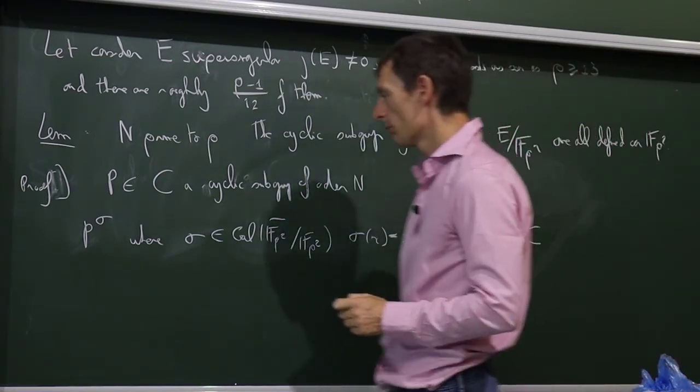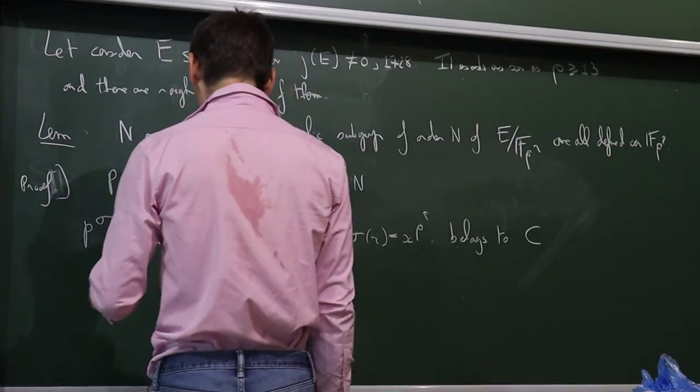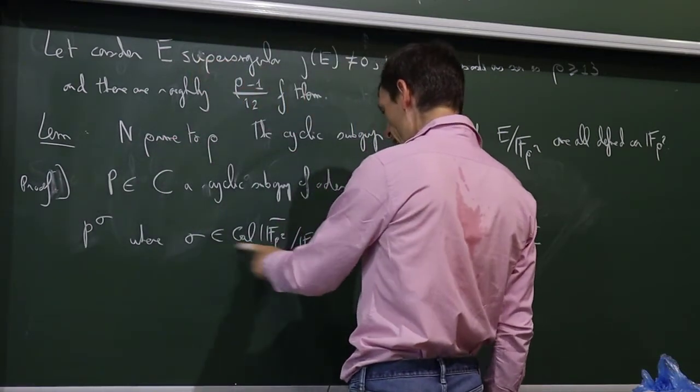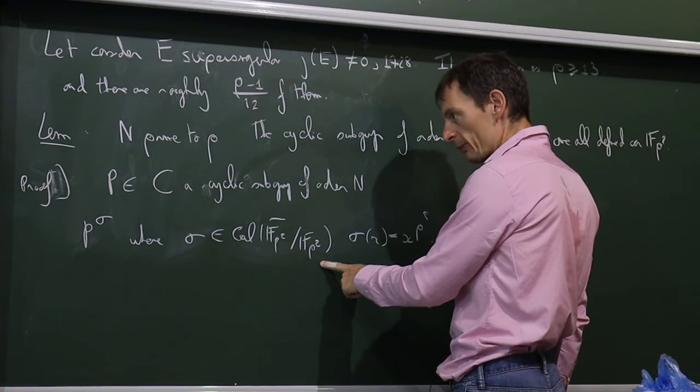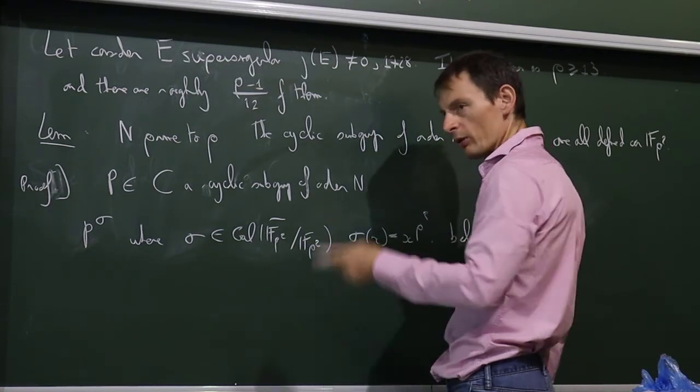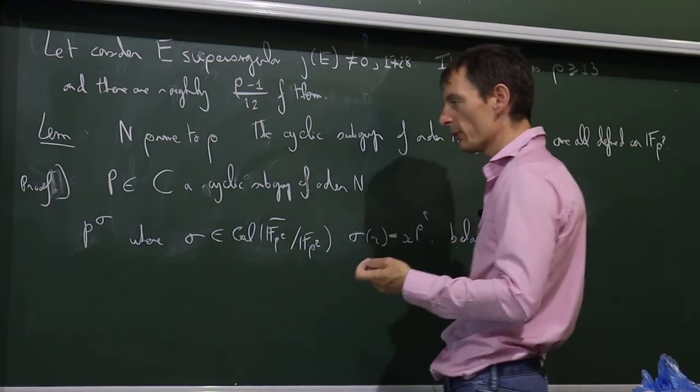But why is that the case? Simply because the action of sigma, which is the arithmetic action over F_p squared, is given on the elliptic curve by the Frobenius endomorphism.